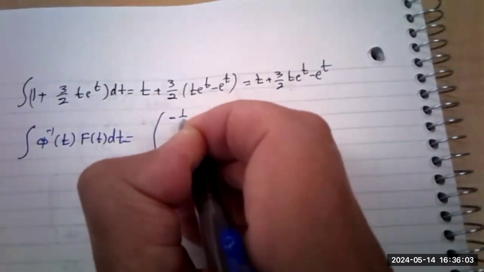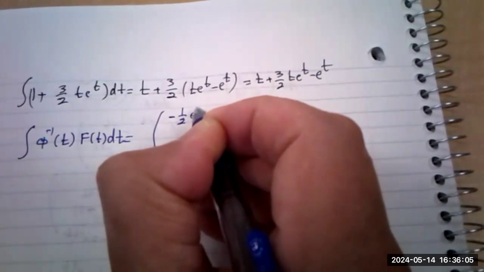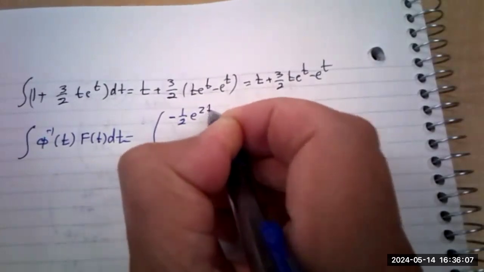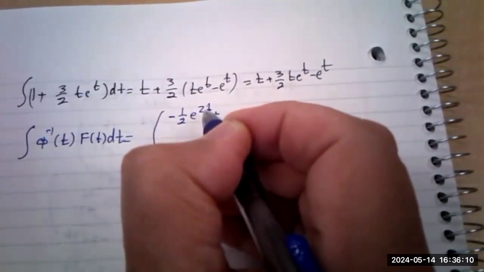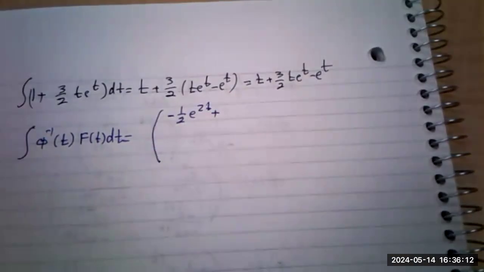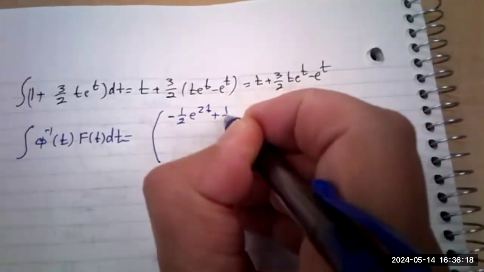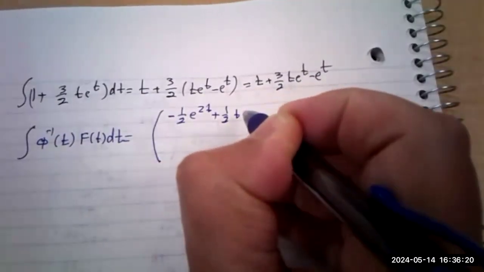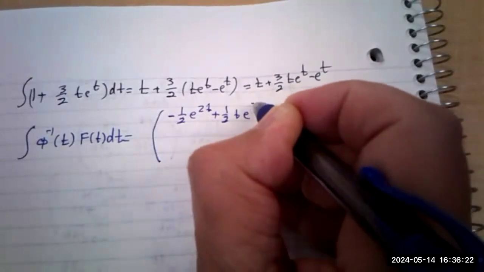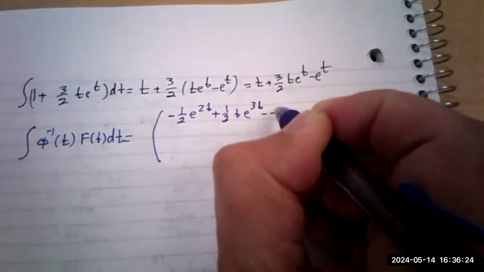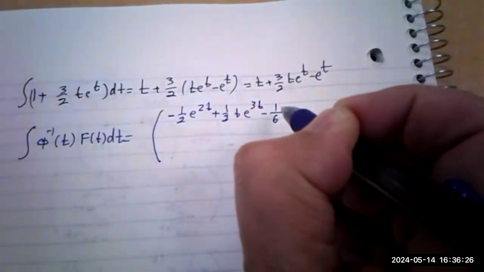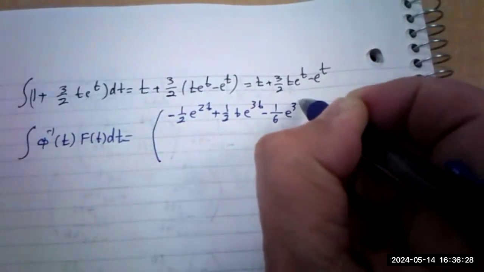It's negative 1/2 e to the 2t plus 1/2 of t e to the 3t minus 1/6 of e to the 3t.